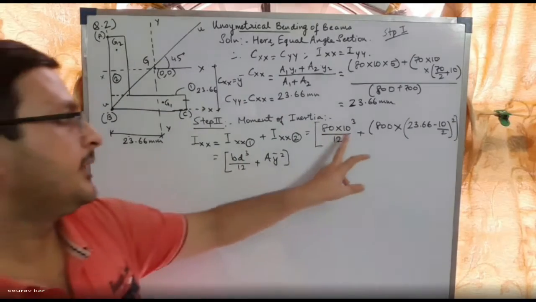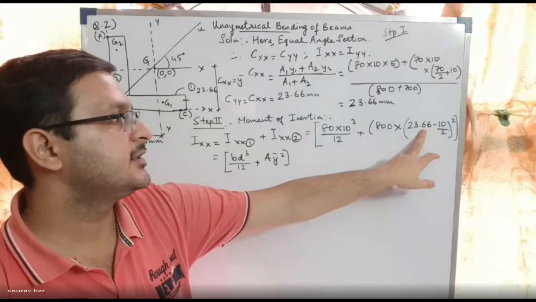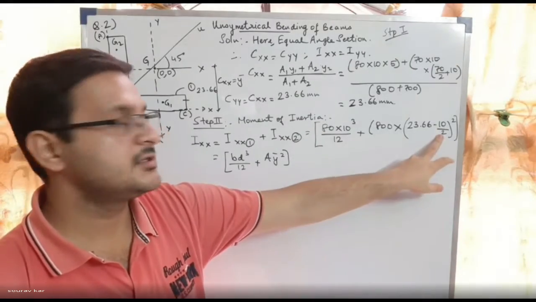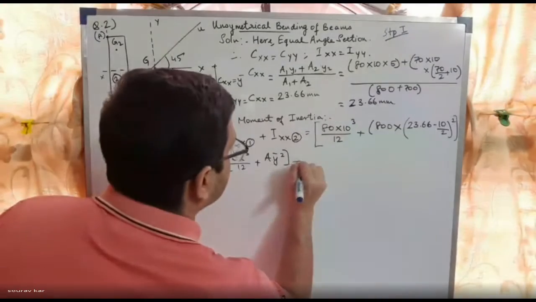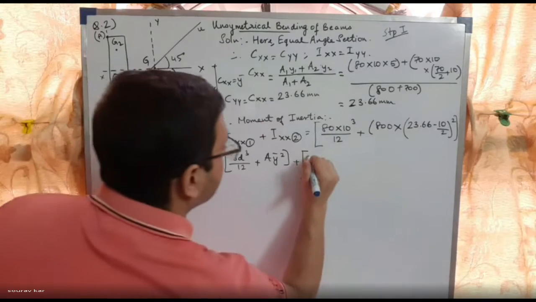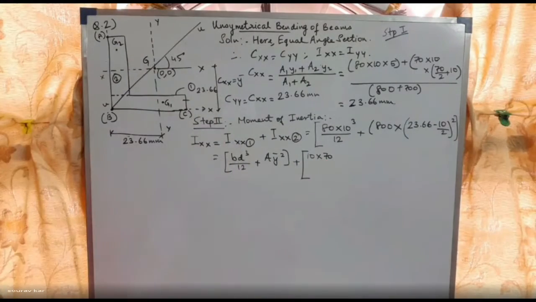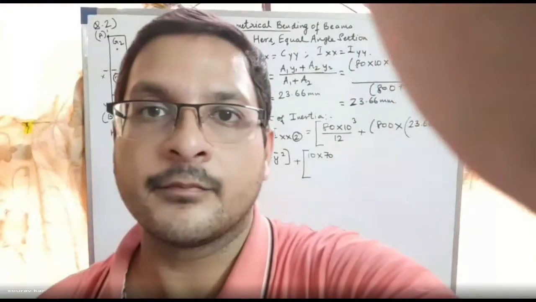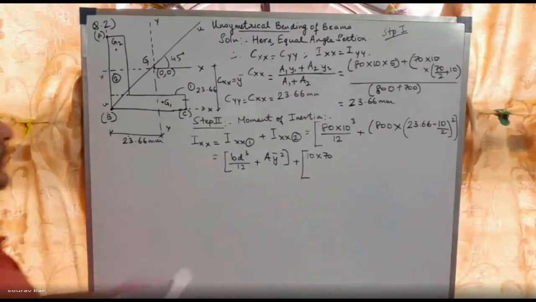Okay. BD cube by 12 plus area into this one. This is the CG of the total body minus the CG of body 1, the distance, plus for body 2, BD cube by 12.